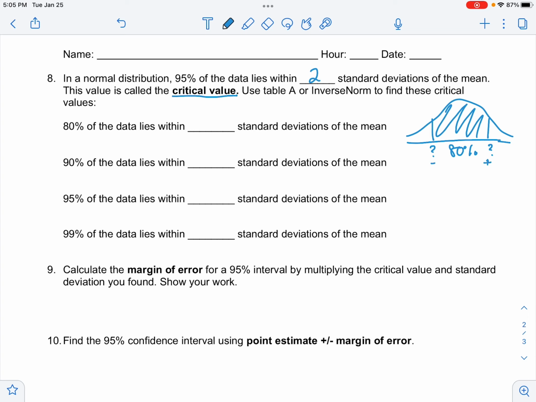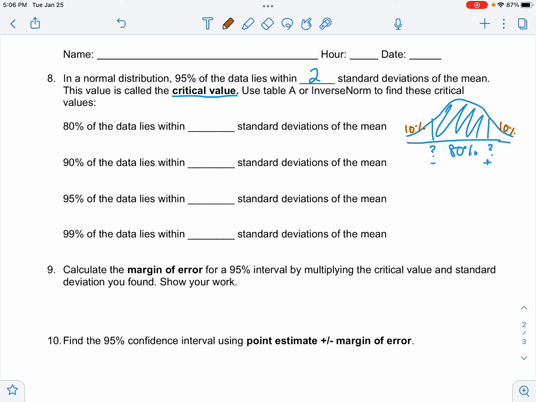Think about how we could find this value, though, using our table. There's actually probably 2 different ways that I'd say would be the easiest. But think about what is left over from the middle 80%, right? If you have the middle 80%, you're left with 10% on each tail. So we have 10% above and 10% below.